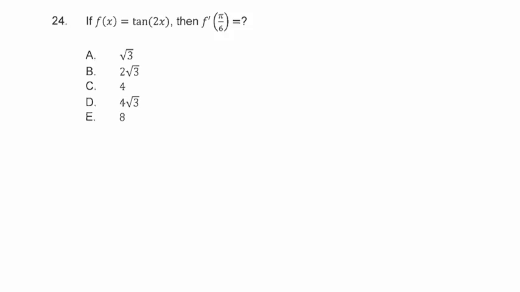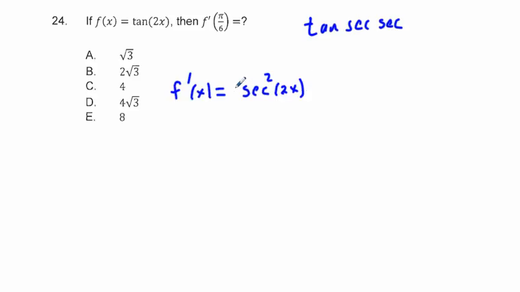Okay, our last of these problems is this one. If f of x equals tangent 2x, then f prime of pi over 6 equals, well, remember we have this tangent, secant, secant. So f prime of x is going to be equal to secant squared 2x times the derivative of the inside, which is 2.